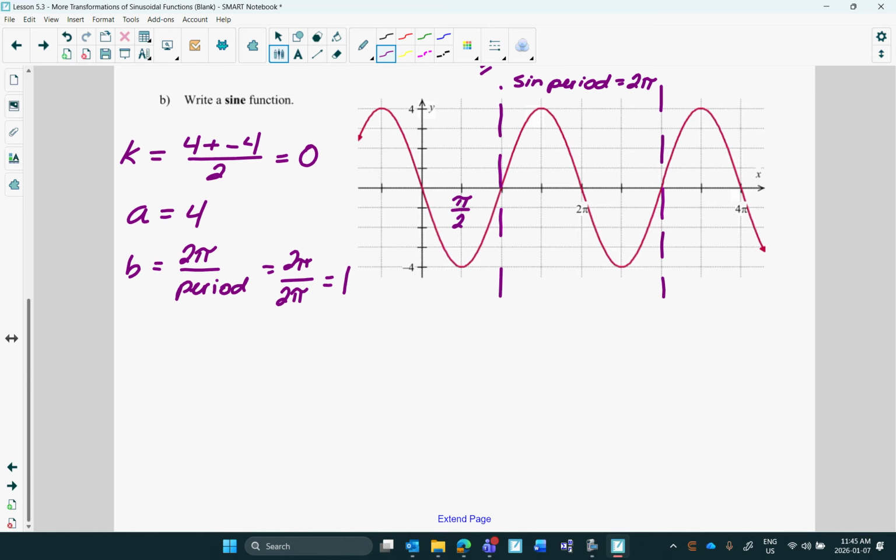Remember, a sine cycle without a shift normally starts here, at the origin. But this sine cycle starts 2 notches to the left. How much is 2 notches to the left? 1 pi over 2, 2 pi over 2, which is pi. So that means it's shifted to the right pi.